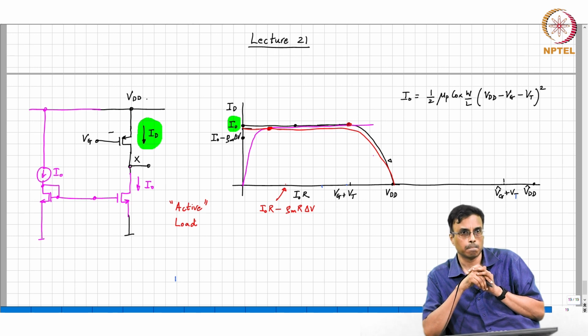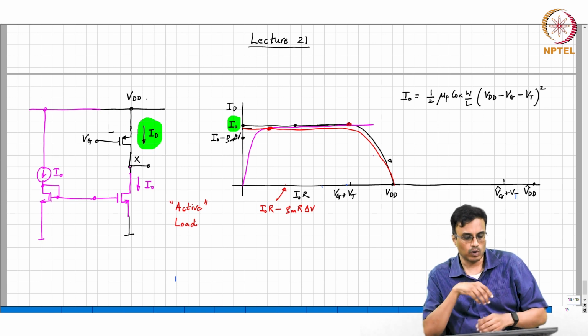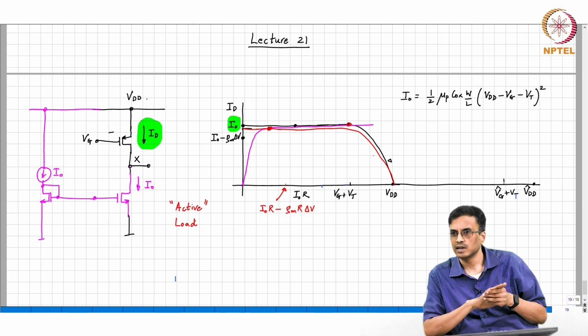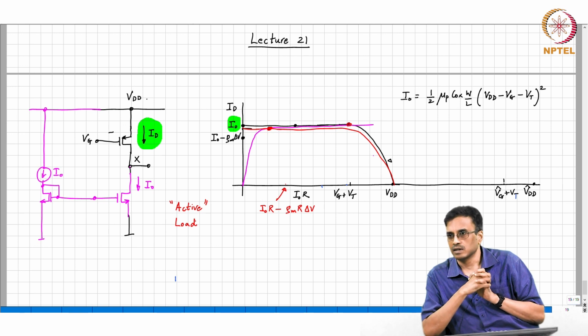And remember, on an IC, it's always cheaper to have a transistor rather than a resistor. So it allows you to get a large incremental gain in a small supply, and that's why this technique is very, very useful.